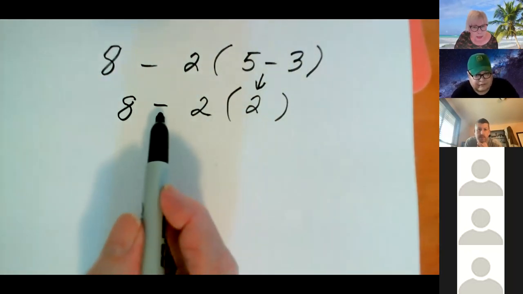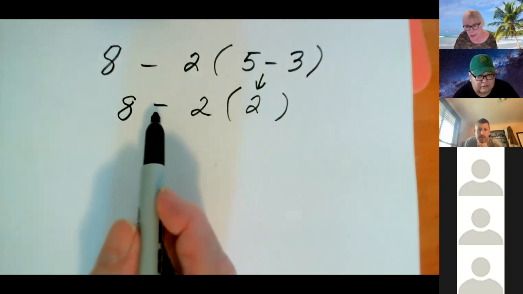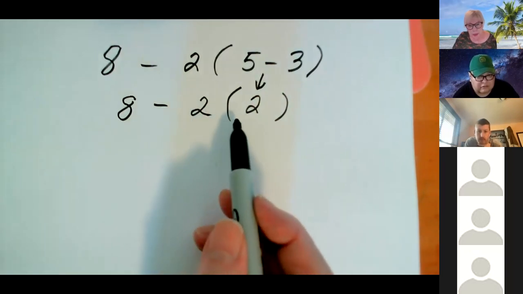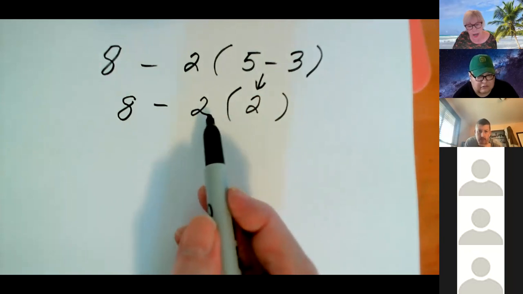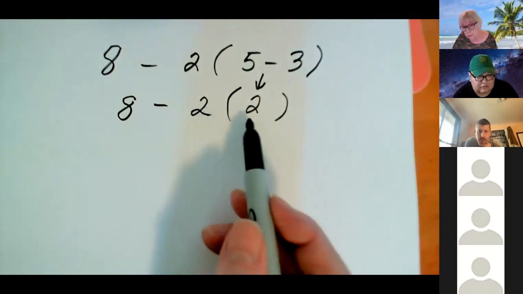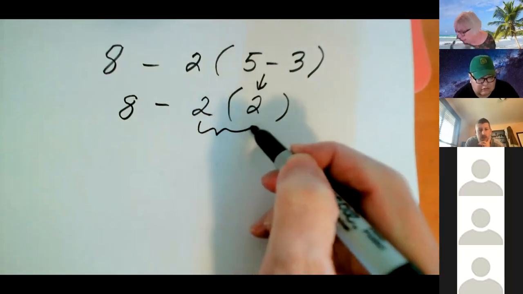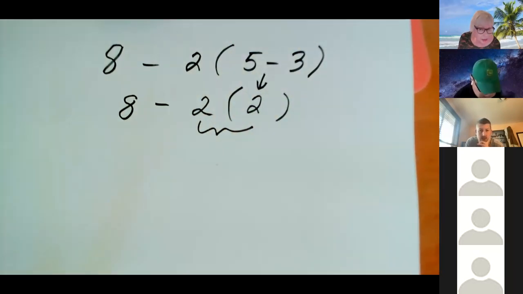Now don't be subtracting next, because subtraction in general is dead last. So what about these two? What's the operation? That's a multiply. And so we've got to do that next. And see, if we don't agree to do this, then everybody's going to have 6 different answers and we'll never have a right answer.